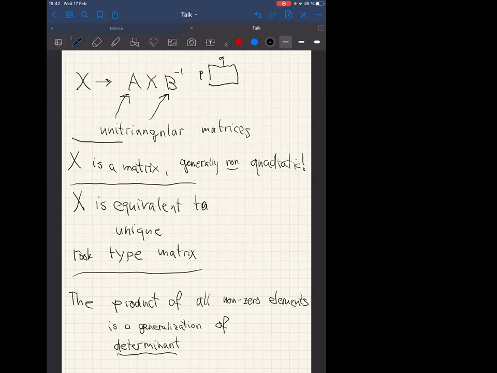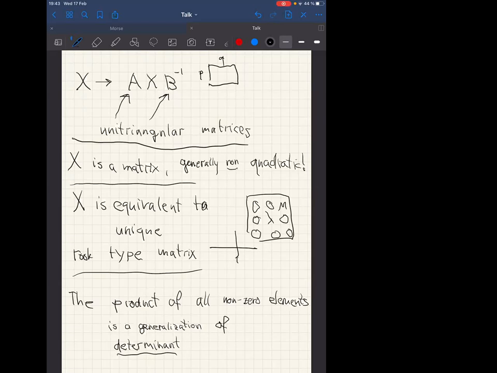And we claim that each orbit contains one unique rook type matrix, such a matrix that in each row and each column there is at most one non-zero number. Say that matrix is a rook type matrix. Okay.